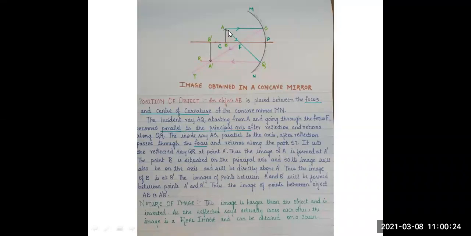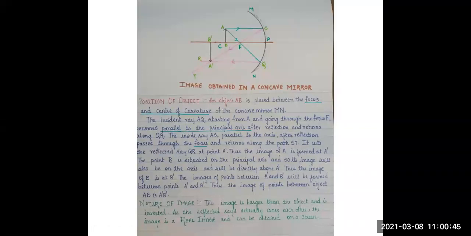Then you can see some incident rays falling on the mirror. One incident ray is parallel to the principal axis. Okay. Now you better remember what is principal axis. Principal axis is the straight line passing through the center of curvature and pole of the mirror.